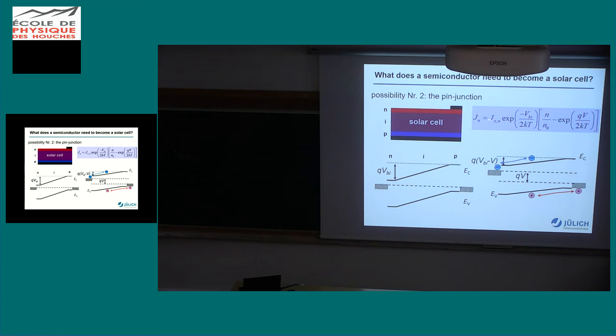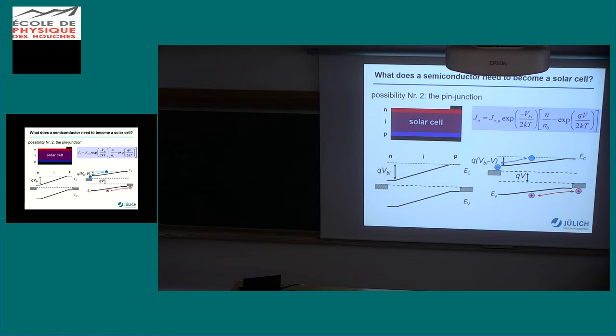And now if I look at the electron current, it only has to go half of the barrier. So that's why here I have to divide the built-in field by 2, and also the action of the applied voltage by 2.